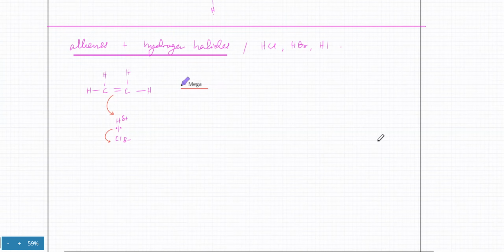The next step is that the H from HCl would bond with the carbon atom. This would become a carbocation. The Cl minus one that has broken away is going to come in and bond with the carbocation. That's it.